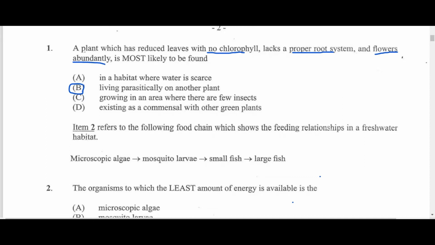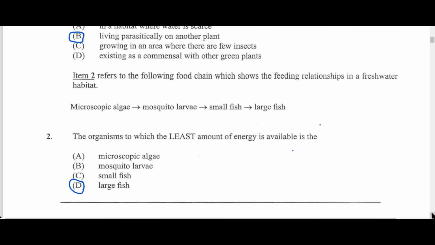So I think the most appropriate answer would have been B. Item 2 refers to the following food chain which shows the feeding relationship in a freshwater habitat: microscopic algae, mosquito larvae, small fish, large fish. The organism to which the least amount of energy is available is, I chose D, large fish.